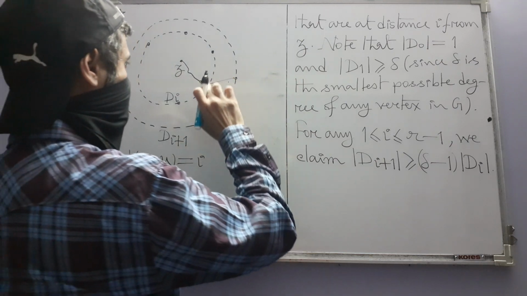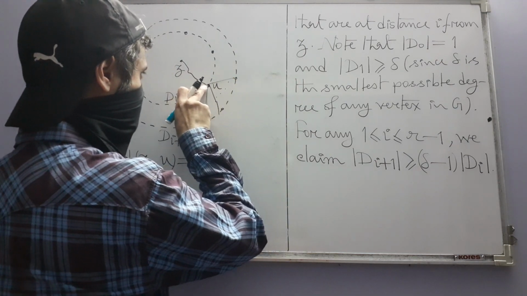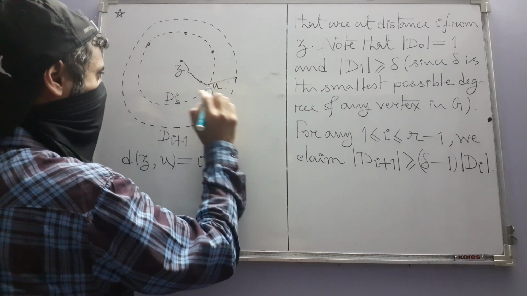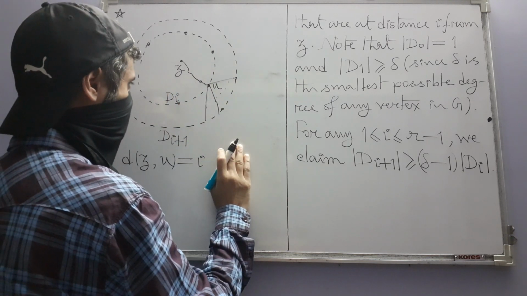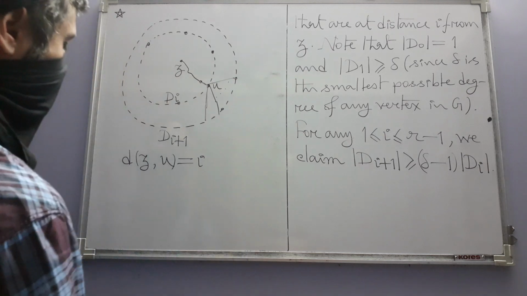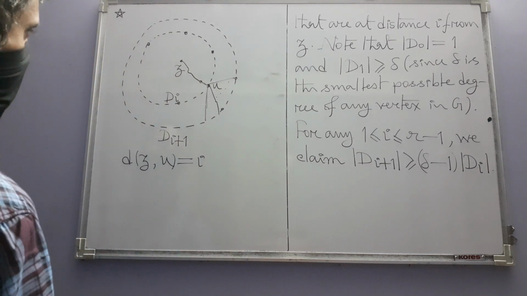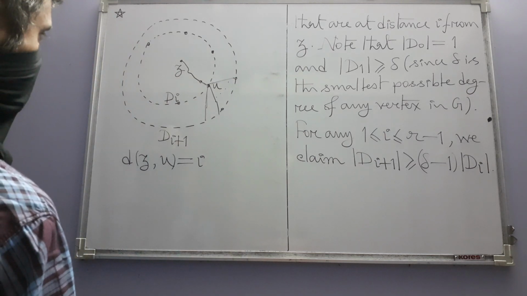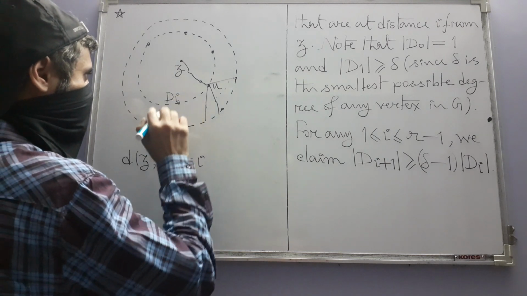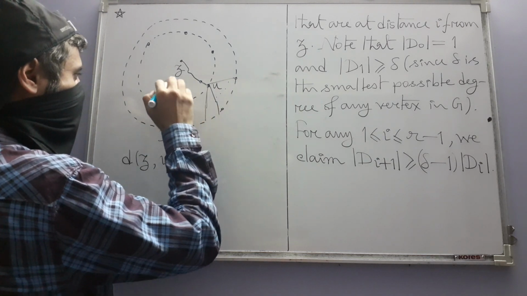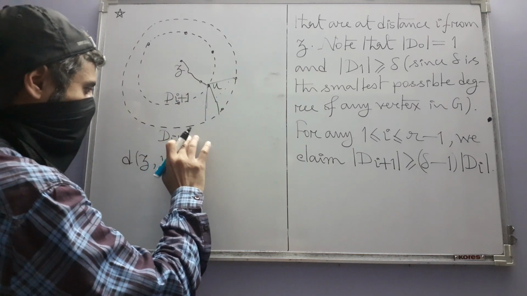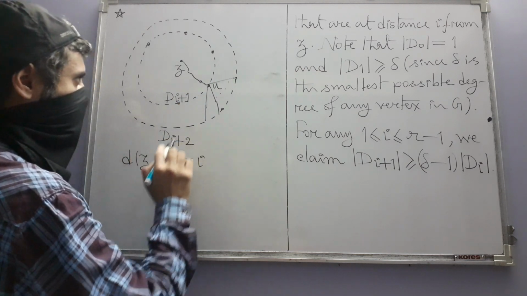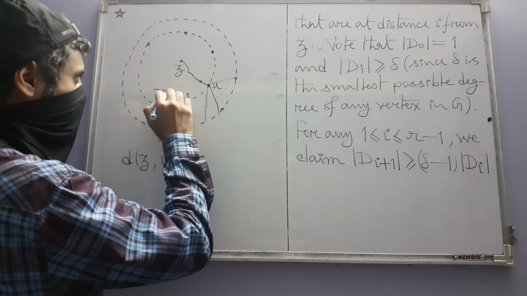That means besides this edge, and in fact we can give it some name. Let me just change it a little bit. Let me call this one i plus 1, this one i plus 2, and this one i.